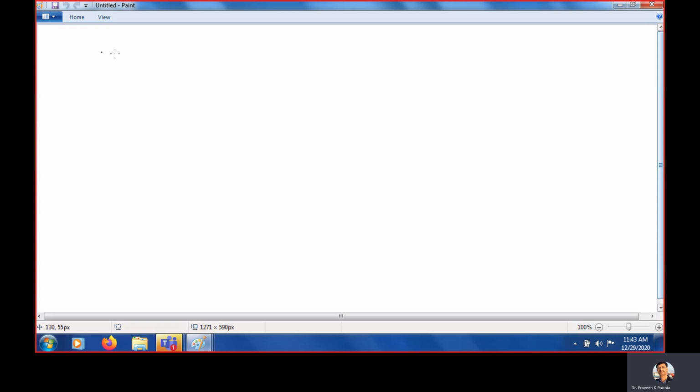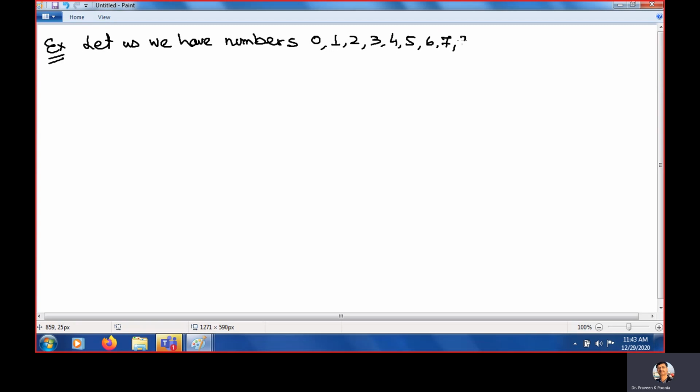Understand? The last question we will take with the help of repetition and without repetition. For example, let us say we have the numbers 0, 1, 2, 3, 4, 5, 6, 7, 8, 9. These numbers we have. How many total numbers are there? 10 numbers are there.